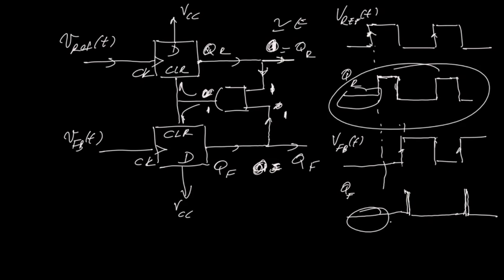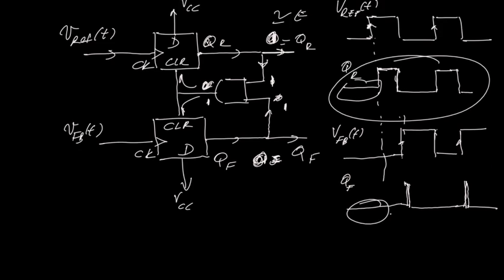Now let's just imagine a case where the 2 signals are completely out of phase and out of frequency. If this is V reference, and this is my V feedback, when this one goes high, this is what this one is doing.